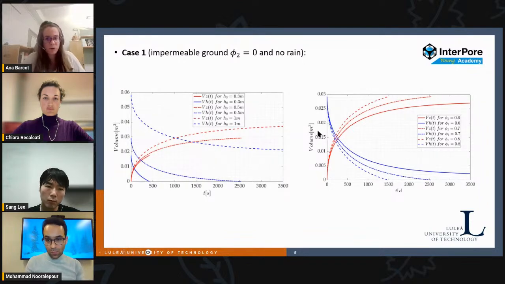So when we plot the results, it is what I have just explained. Here we have the results for different pond depths.